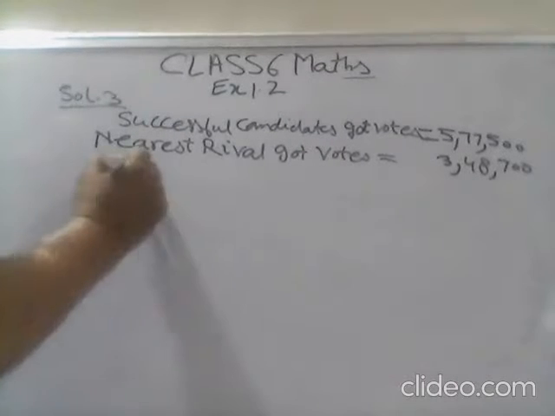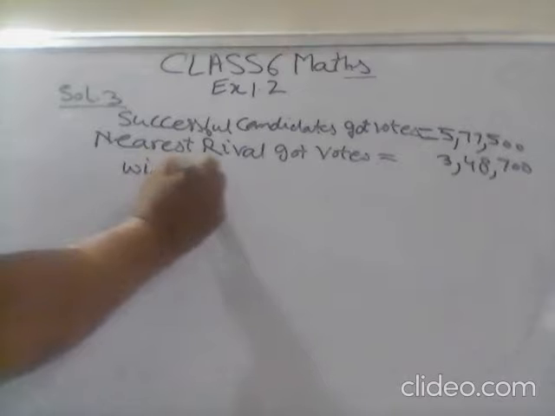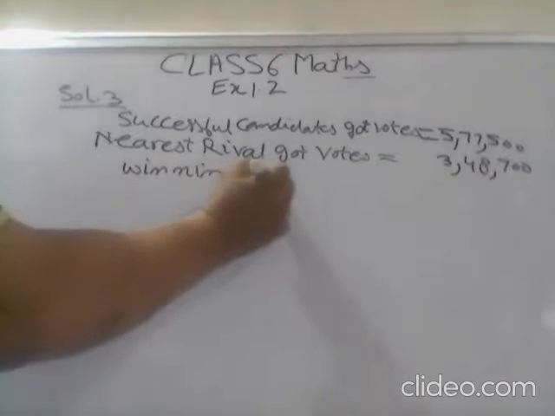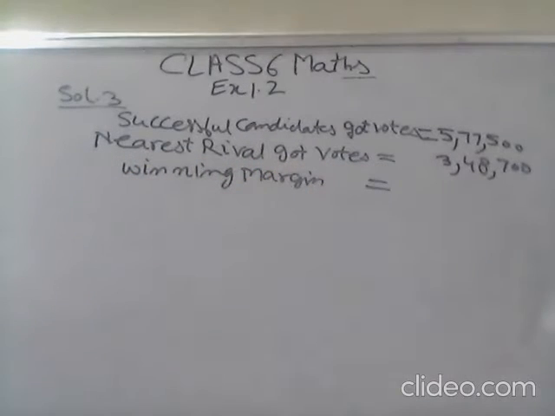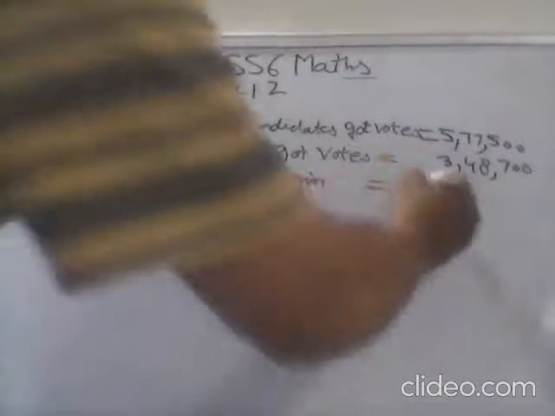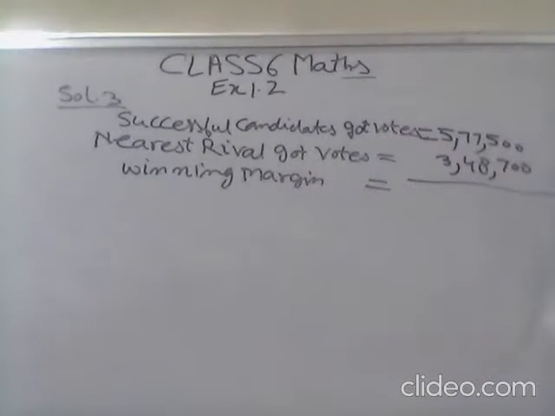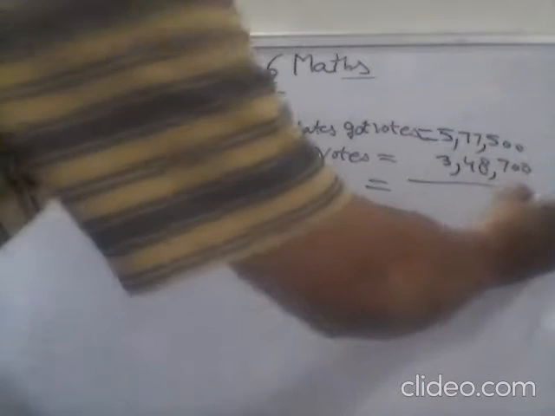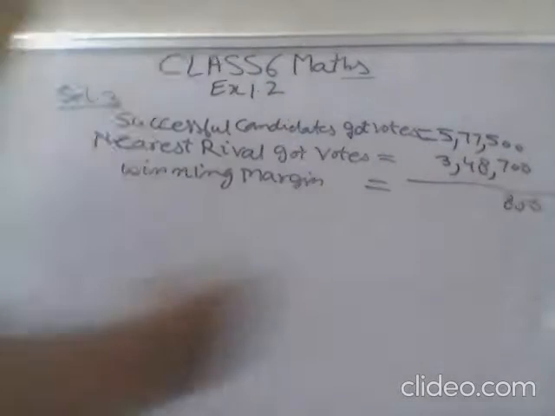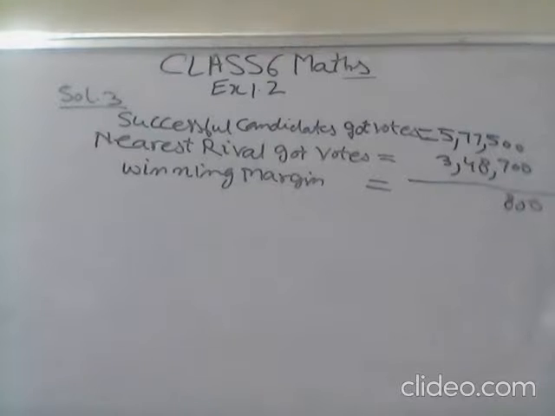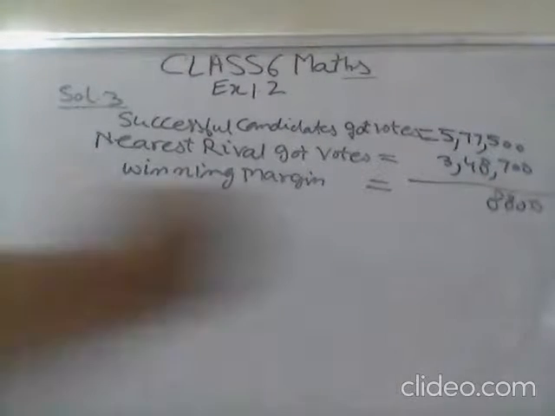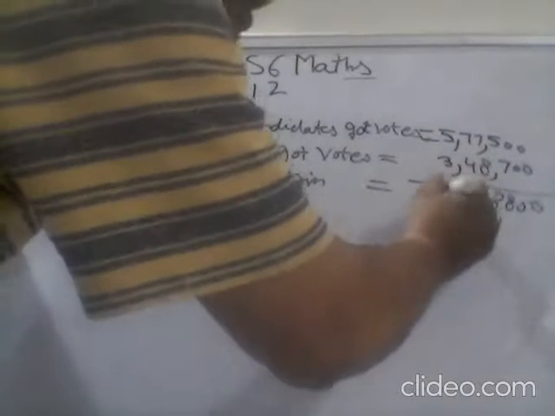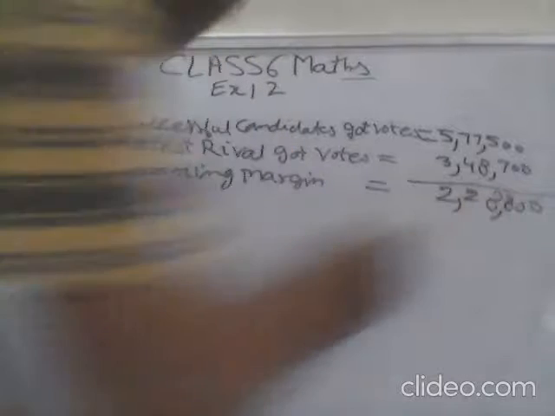Winning margin: subtract. 15 minus 7, 8. 16 minus 8, 8. 6 minus 4, 2. 5 minus 3, 2. So 2,28,800.